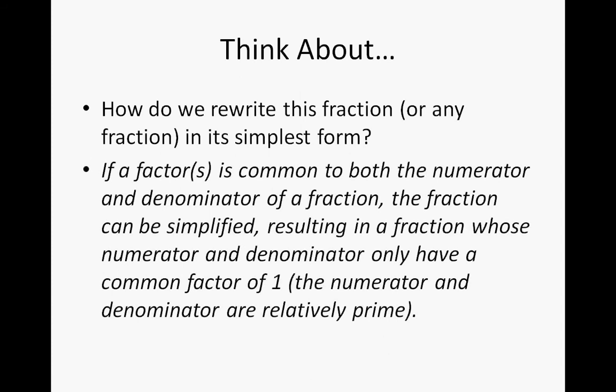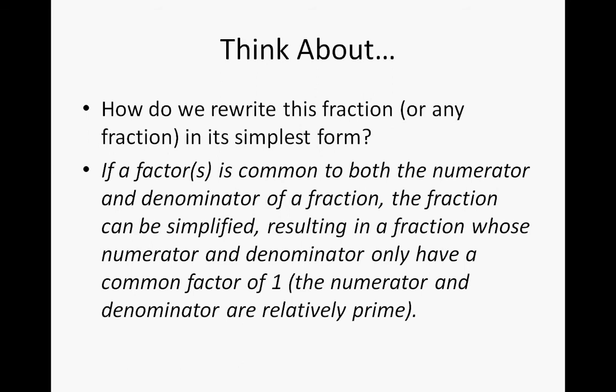Well, first you want to find a common factor that is related to both the numerator and denominator of a fraction. I had you guys prime factor the numerator and the denominator so that you can show all the factors, and then we used the cancellation law to cancel out what was common between those two numerators and denominators.